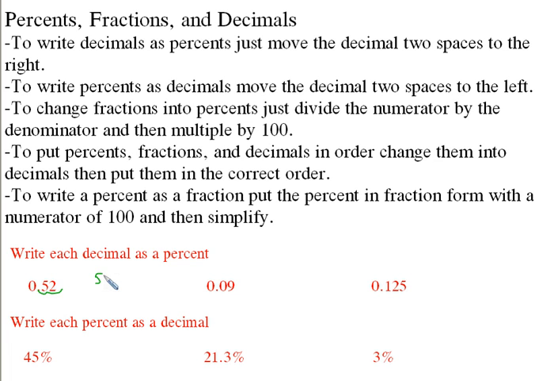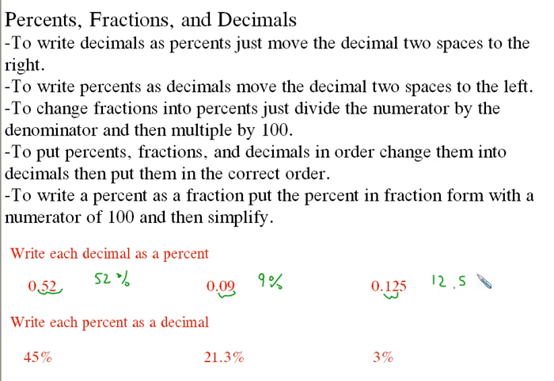So 52%. Over here, 0.09, same thing. It's just going to be 9%. For here, bet you can figure it out. It's the same thing, 2 spaces over.